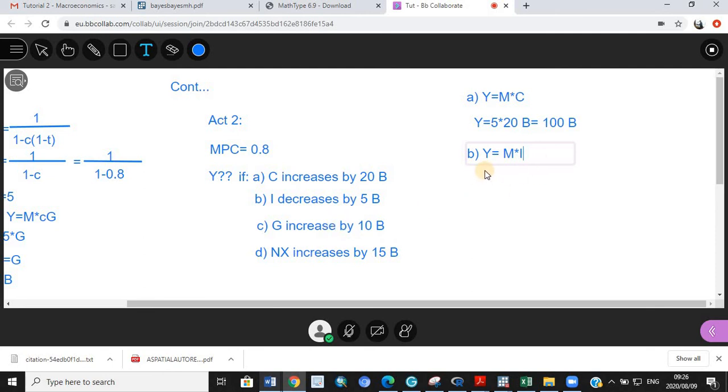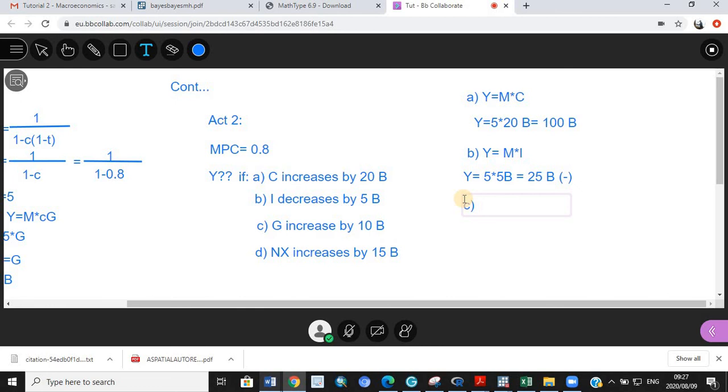So Y should be equal to 5 multiplied by 5 billion, which is 25 billion. That means minus, a decrease in investment by 5 billion is going to decrease the national income by 25 billion. That's huge, right?